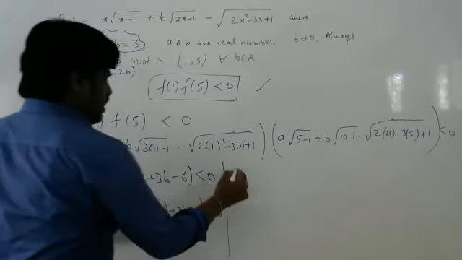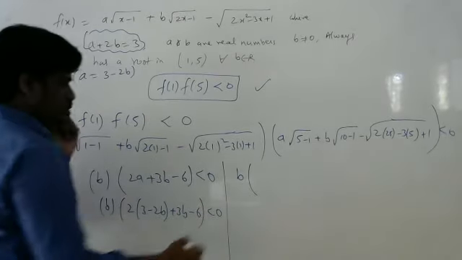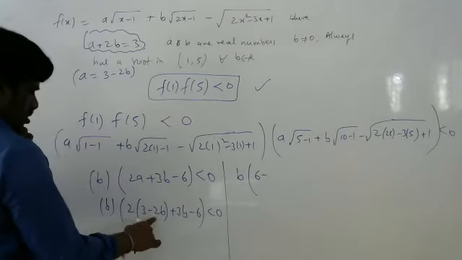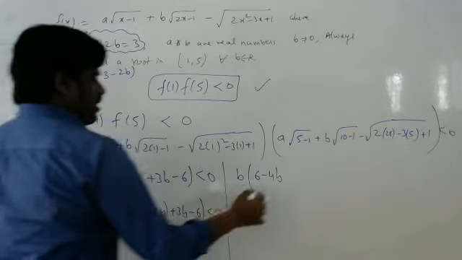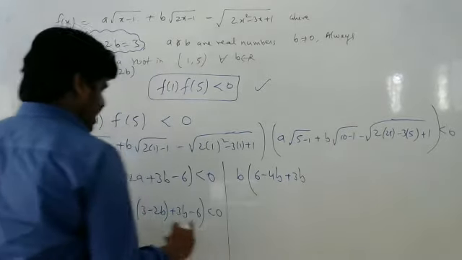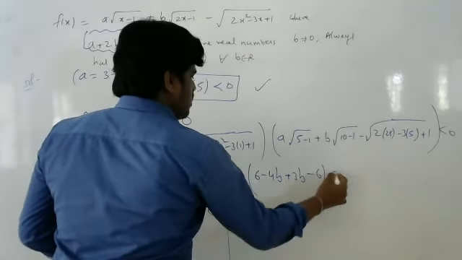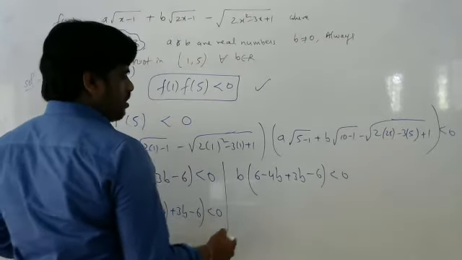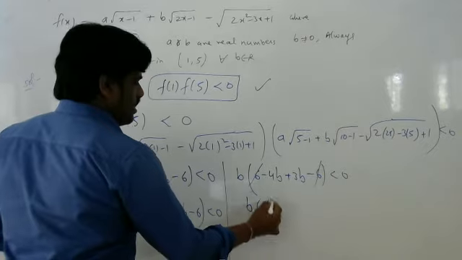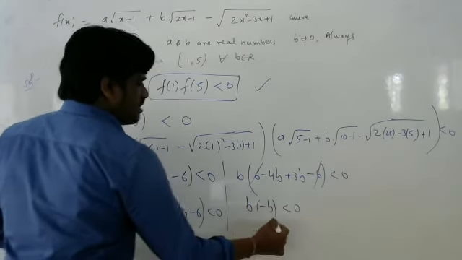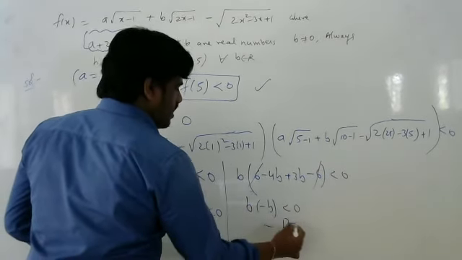Here I get b into, 2 threes are 6, minus 2 twos are 4b, plus 3b minus 6 is less than 0. Now plus 6 minus 6 gone. Okay, b into minus b less than 0. So minus b square. I got minus b square less than 0.